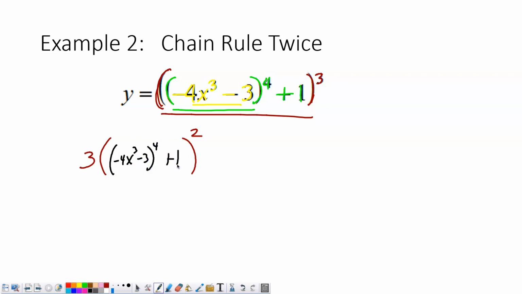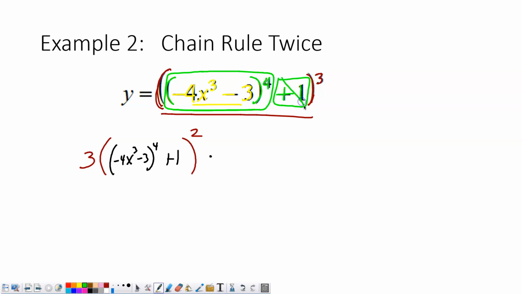So there's my derivative of the shell. Now we do the derivative of the egg whites, the green part. Okay, so the green part has 2 parts to it. It has this, and it has this, okay? When you take the derivative of the 1, though, it just goes away because 1's a constant. So the 1 just goes away.